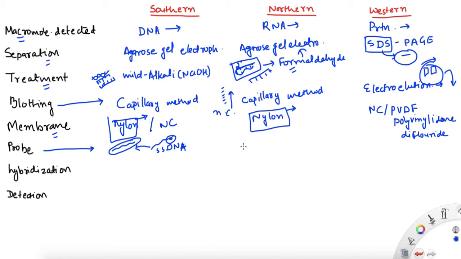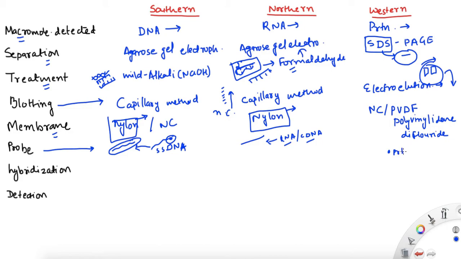And in case of Northern blotting, we had the RNA. So we could use single stranded complementary RNA, or we could use complementary DNA that is complementary to this particular sequence. Again, that is going to be labeled. So single stranded RNA or single stranded complementary DNA is what we can use. In case of Western blotting, we are detecting the protein, right?